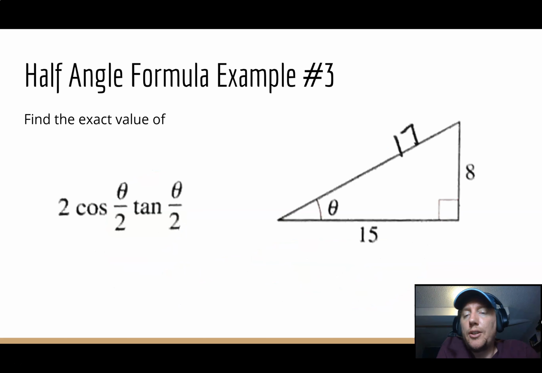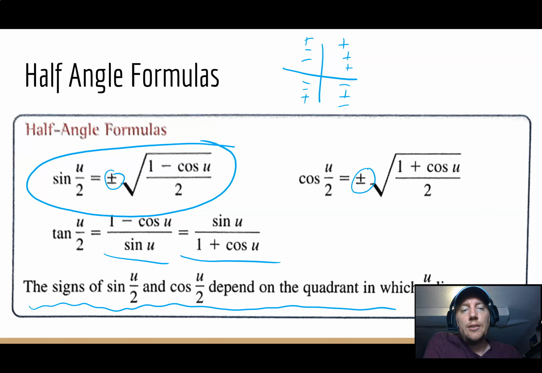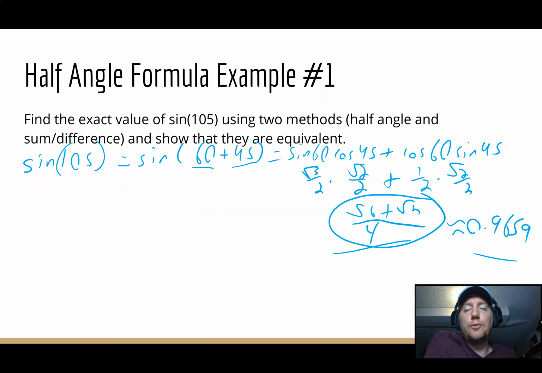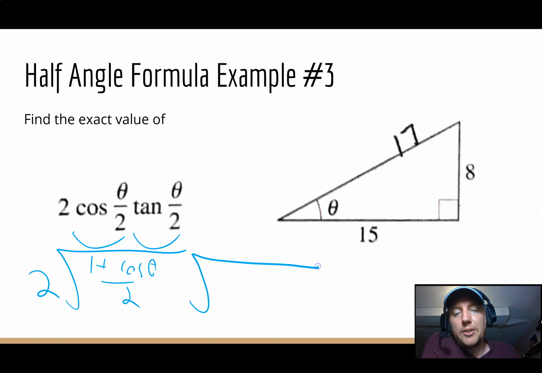2 cosine theta over 2, tangent theta over 2. So this one just uses a couple half angle formulas with the same exact triangle. So I'm going to flip back. Cosine theta over 2 is right here. Once again, we don't really know plus minus, so I'm not going to worry about it at the moment. Square root of 1 plus cosine theta over 2. And then times tangent.